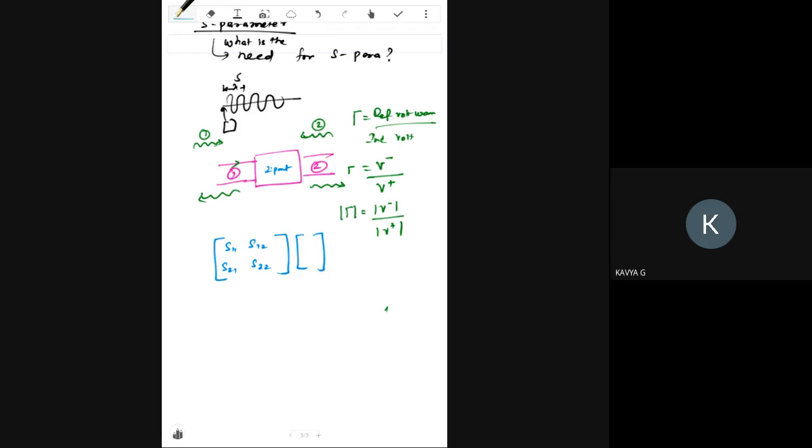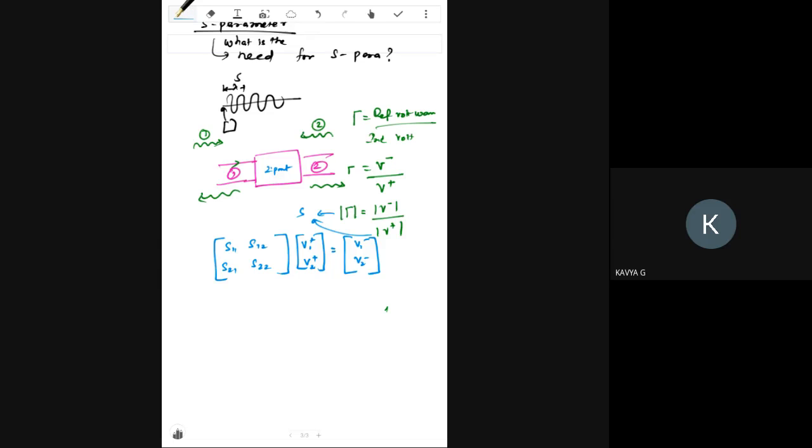S is basically reflected by incident. So how can I write the matrix form? I can bring V plus here, so it should be V1 plus and V2 plus, and this is V1 minus and V2 minus. Is that clear? So the same S matrix in the reflection form I am writing in matrix form.